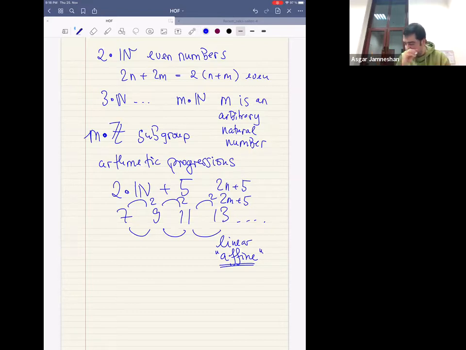For example, let's consider the following: 9, 13, 17, and 21. So what are these numbers? This number is 4 plus 5.